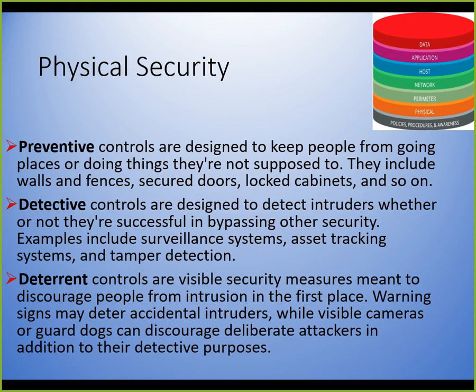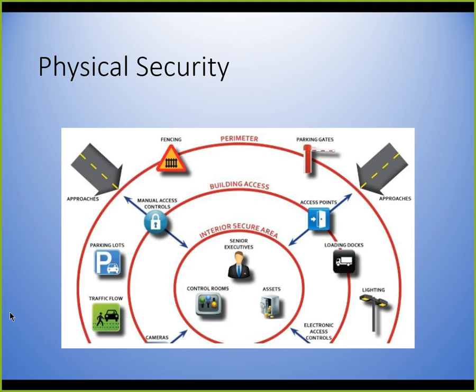And then deterrent controls are things that are visible and meant to discourage people from intrusion in the first place: warning signs, visible cameras, guard dogs, maybe a guard themselves. They discourage deliberate attackers in addition to the detective purpose.